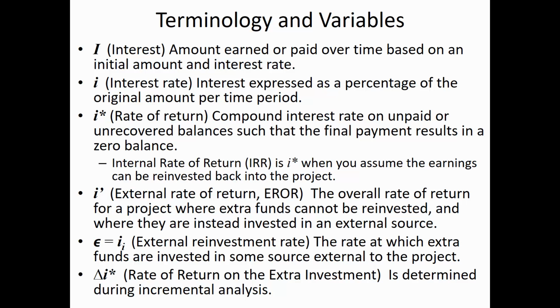So this delta here is talking about the rate of return on the difference in additional cost between alternatives. So last time we were comparing equipment to find out for the item that's more expensive, what kind of return do we earn for the additional expense of the more costly item. And so delta i star is the rate of return on the extra investment.